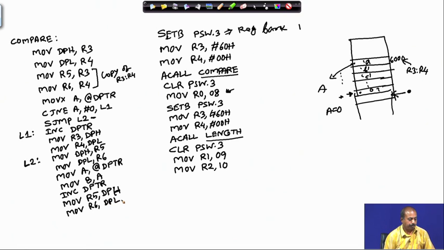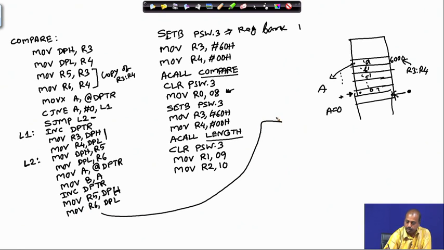Now, after we have saved this DPL DPH, I have to get the first character of the next string, and those DPH DPL values are stored in the R3 and R4 registers in these two statements. So, those DPH DPL values will be accessed. I am writing from this point here.